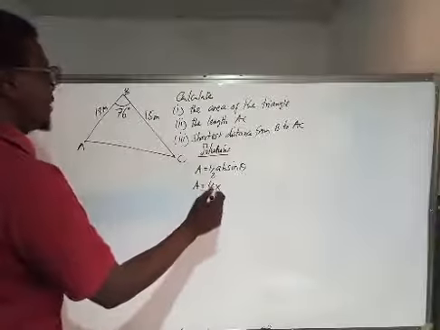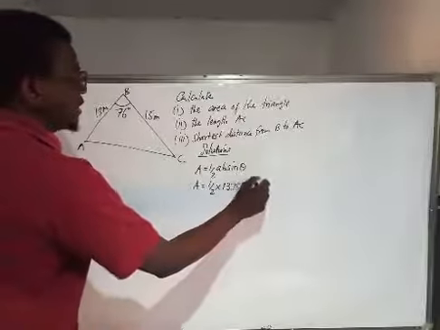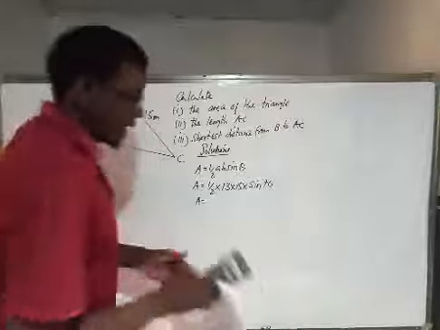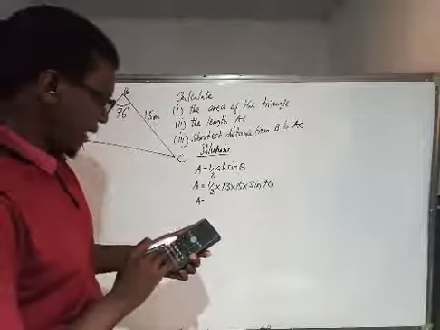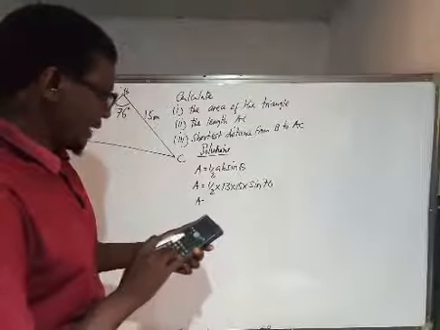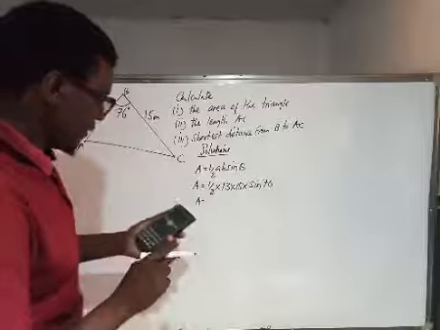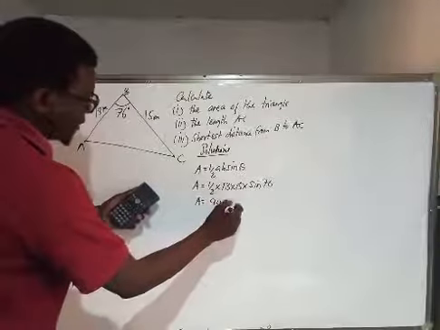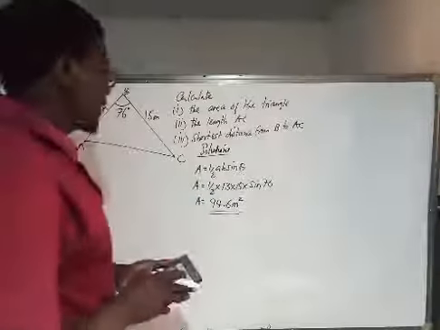Half times 13 times 15 times sine 76. Okay? Our area, you get your calculator here. You say 0.5 multiplied by 13 multiplied by 15 multiplied by sine 76. Our answer will be 94.6 square meters, correct to 3 significant figures.